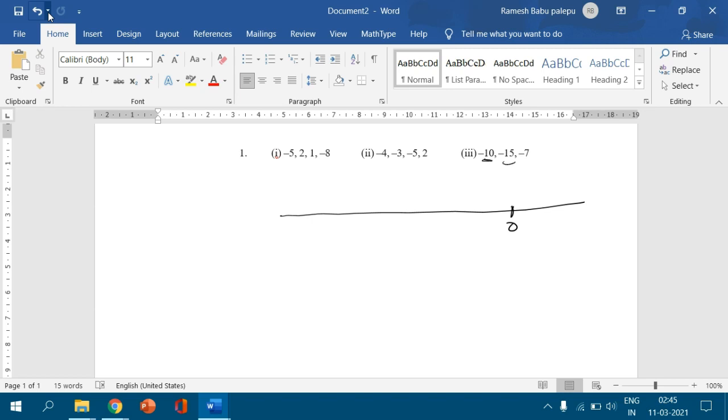So this is the highest magnitude of the negative number. -15 is somewhere else, -10 is here, and -7 is here. So we know that -15 is the lowest value and -7 is the highest value.